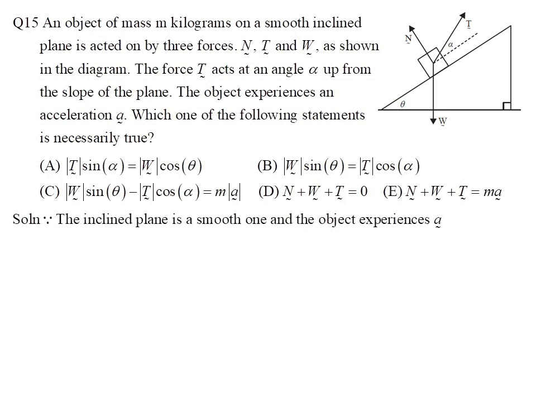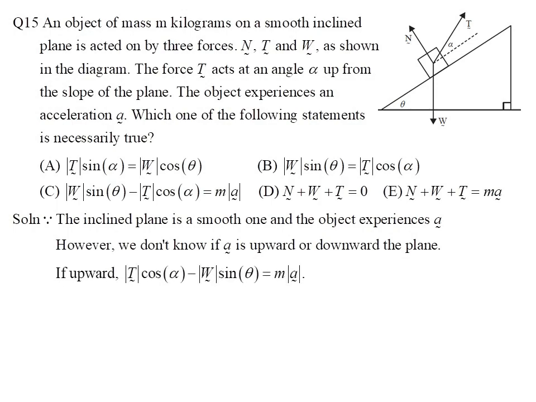According to the given criteria, the inclined plane is a smooth plane, and the object experiences acceleration. However, we don't know whether the acceleration is upward or downward the plane.